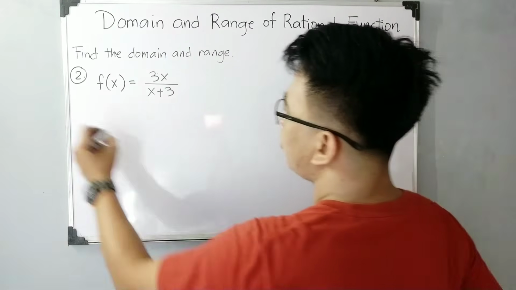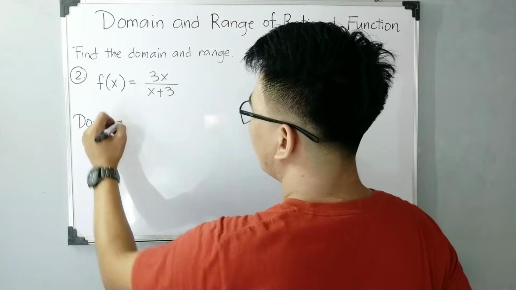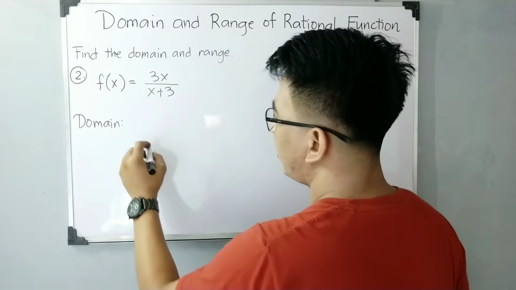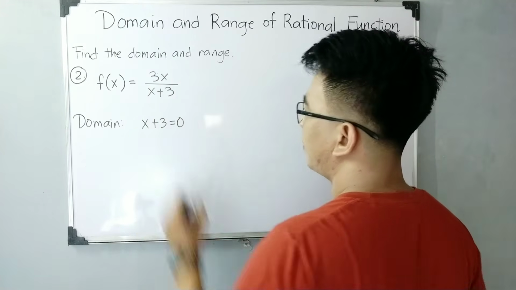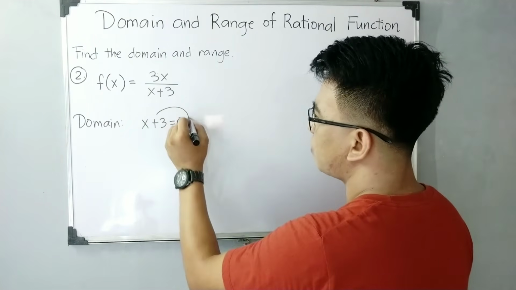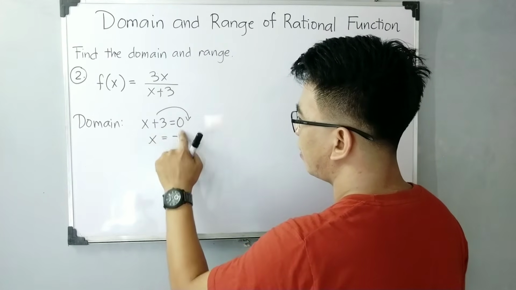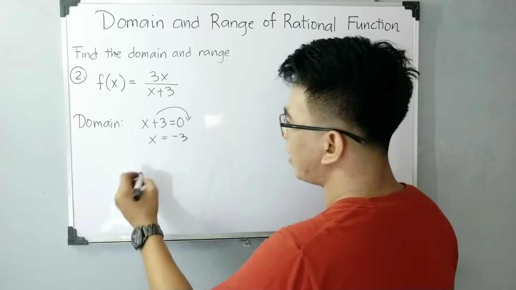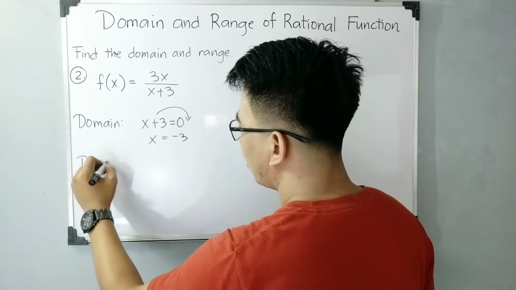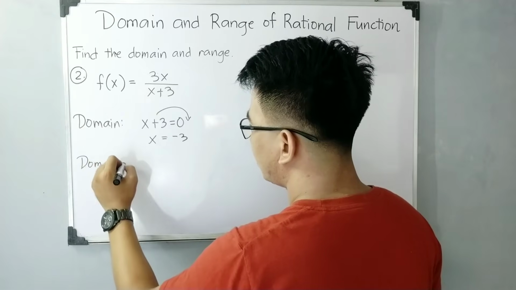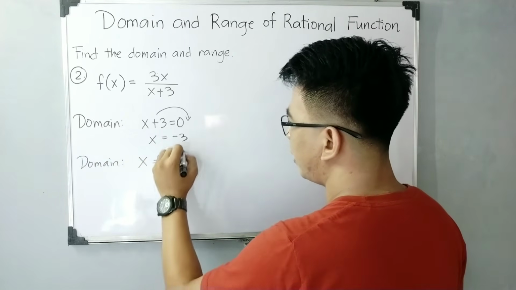Okay, for the domain, again, get your denominator x plus 3, and then equate it by 0. Okay, transpose this one, solve for x. Your x is equal to negative 3. So, ang domain natin ngayon, our domain is simply x is not equal to negative 3.